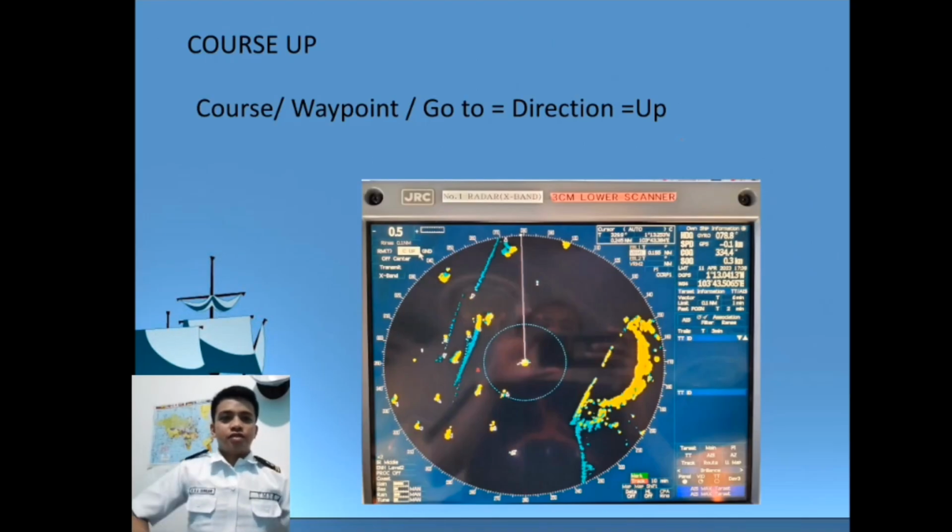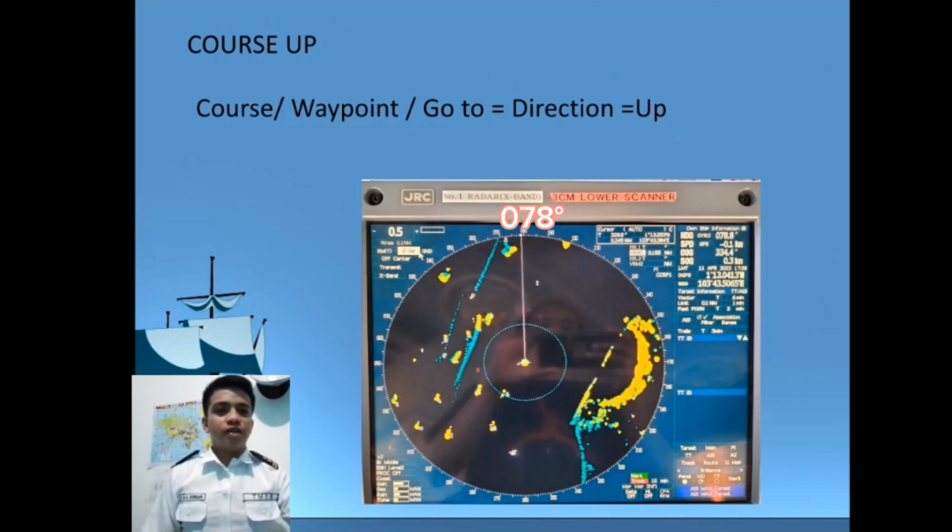Okay, so the next is course up. So here we have the example. We have the radar display. So course, waypoint, go to equals direction equals up. So sa ating radar, makikita natin, example, we have course of 0.78 degrees.